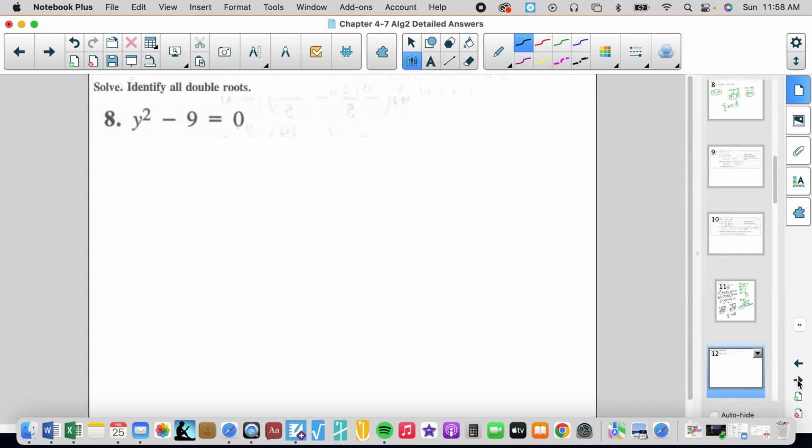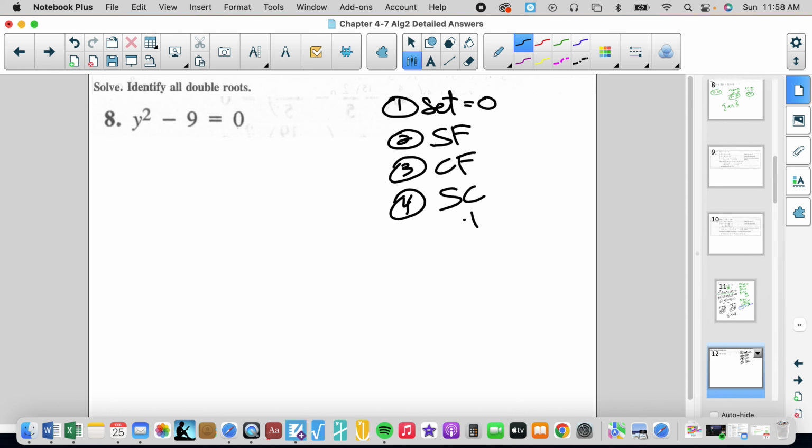This one, so set equal to 0, yes. Standard form, yes. Common factor, no. Special case, binomial square, no, that's 3 terms. Difference of squares, yes. Just 2 terms, subtraction, and both are perfect squares.